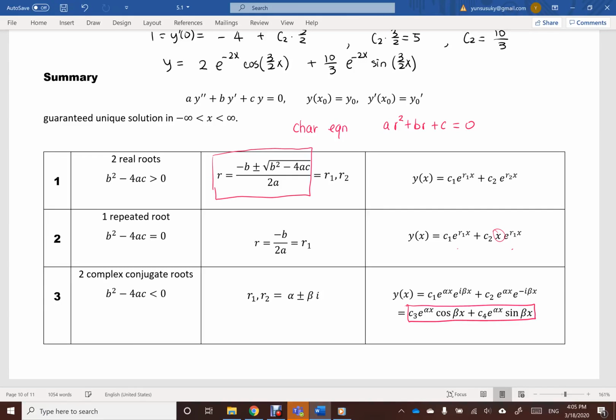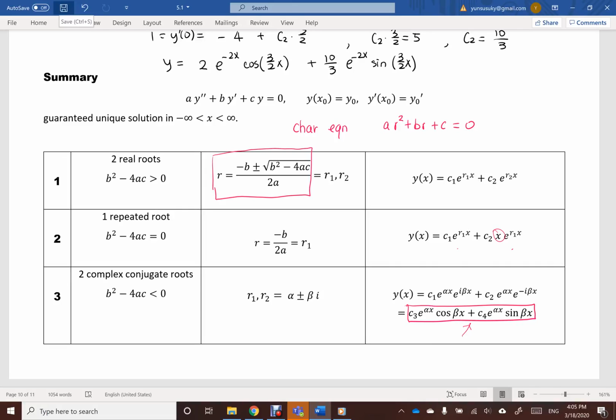I put c3 and c4 because I just want to indicate that c3 and c1 are not the same, and c2 and c4 are not the same. But when you solve the problem, you just directly use this one. You can call these c1 and c2 instead of c3, c4. Okay? So you use c1 e to the alpha x cosine beta x plus c2 e to the alpha x sine beta x. So that is the formula.